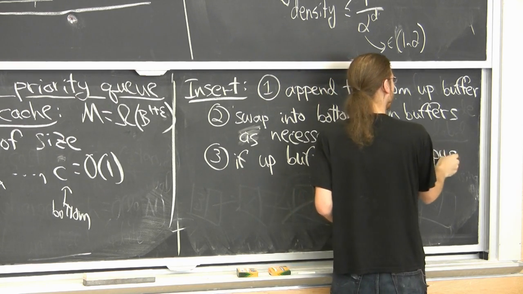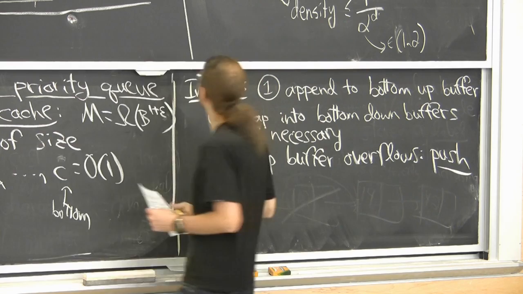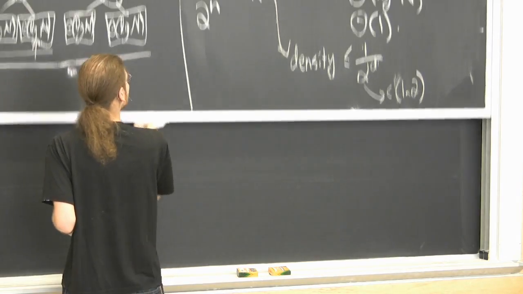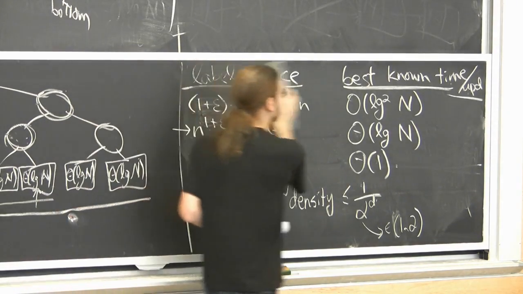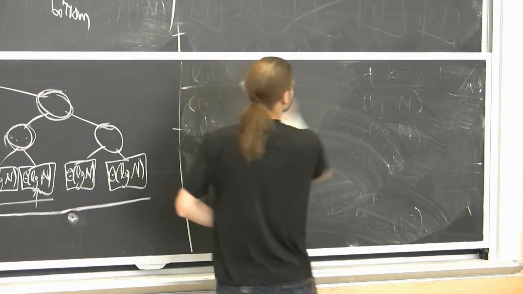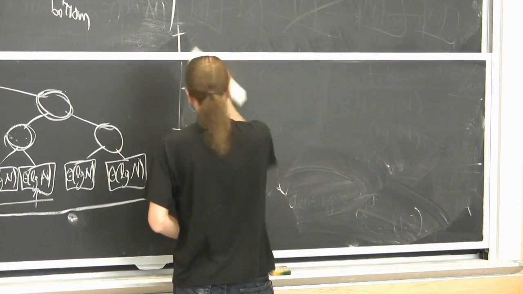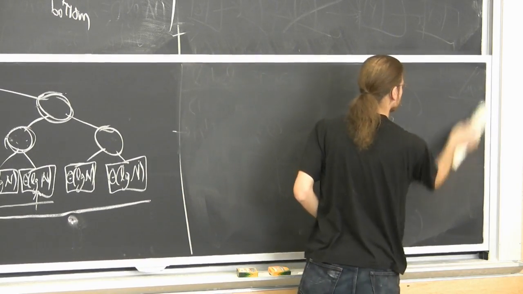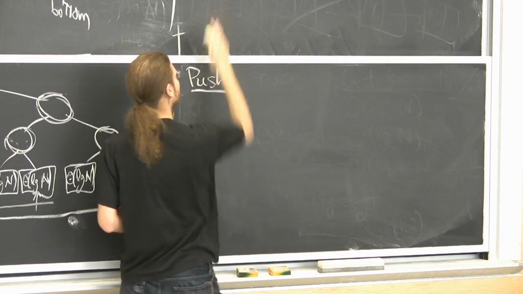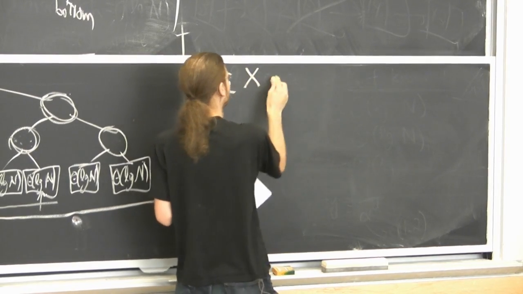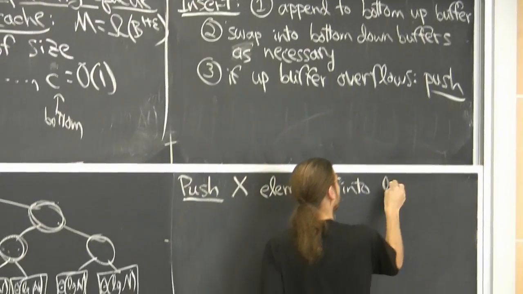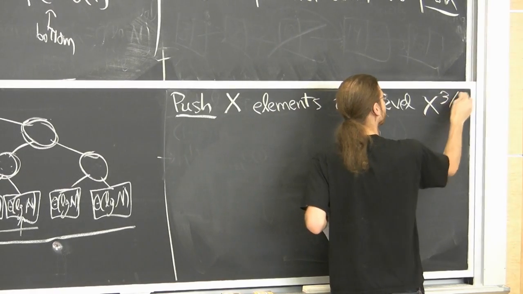And something interesting is called push. So this is a subroutine, which I'll define now. This is the bottom level push, but I want to define the generic level push, where we're pushing X elements into level X to the 3/2.